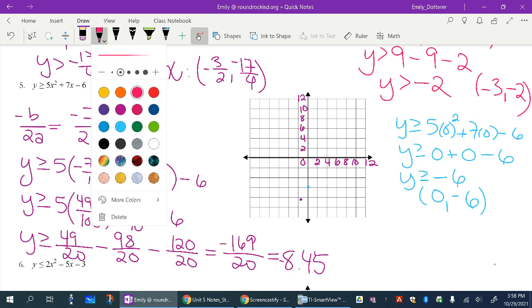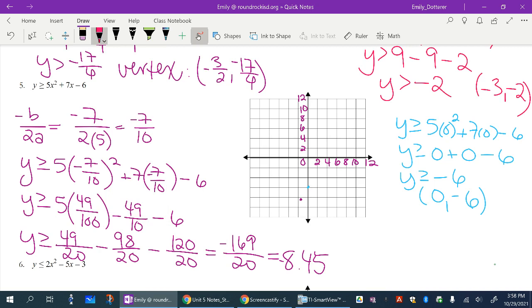Now we want to get a point on the left. Let's do negative 2. Again, doesn't matter. I'm just not picking negative 1 because it's really close to our vertex, and I just want to have something slightly farther away to help me make the curve a little better.